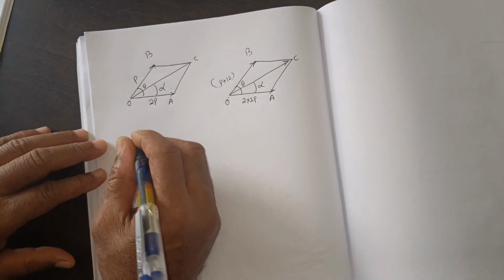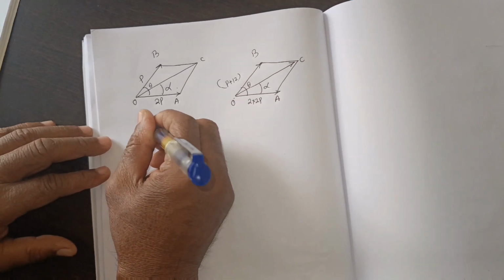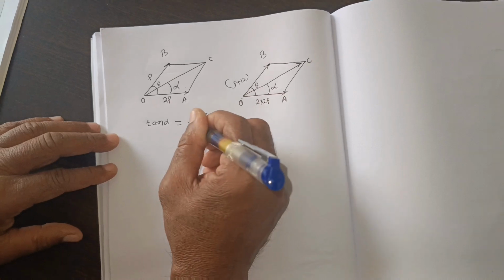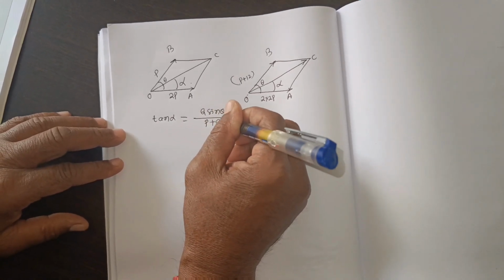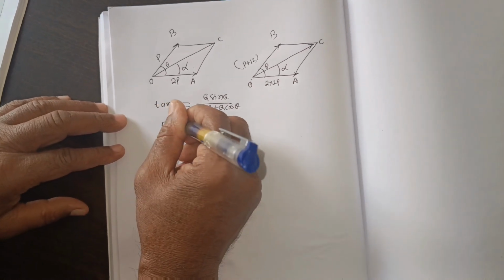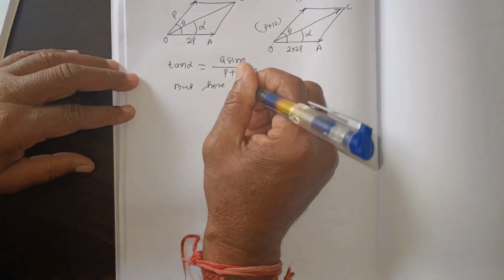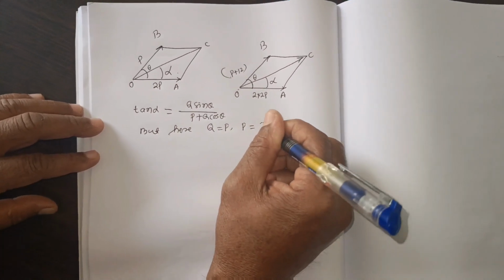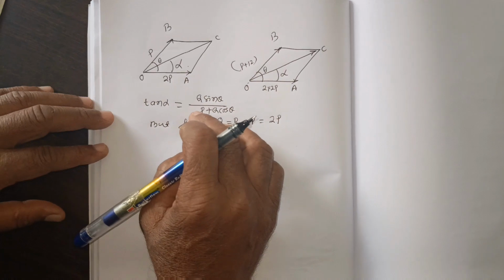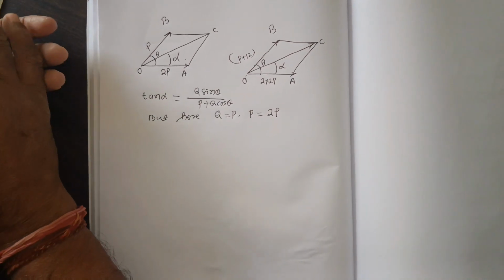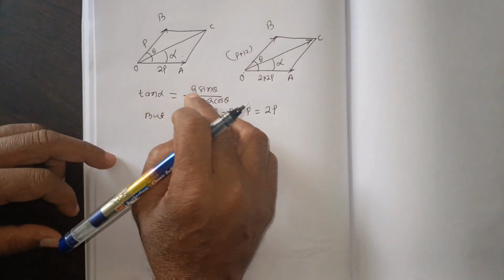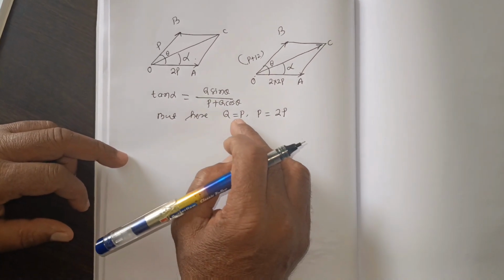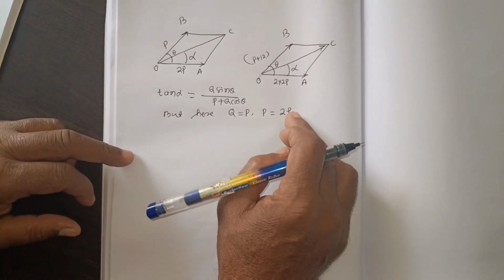We know that tan alpha is equal to Q sin theta by P plus Q cos theta, but here Q is equal to p and P is equal to 2p.